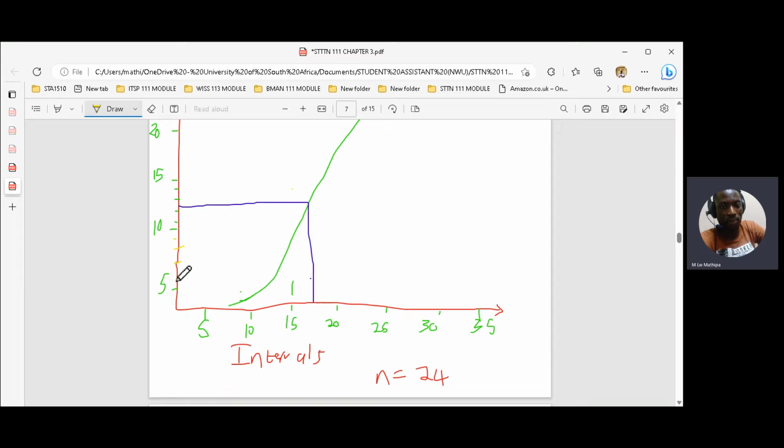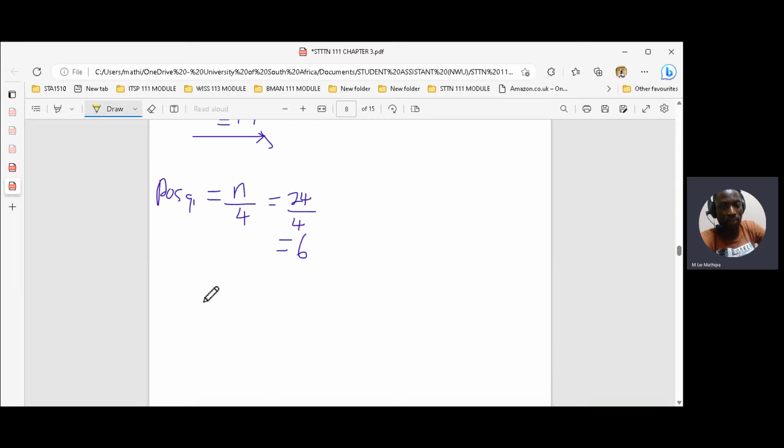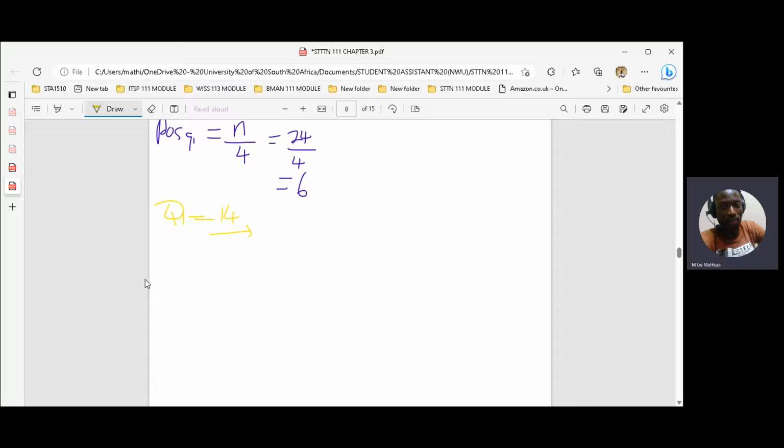So 6 sits somewhere here. You see, I go this side, then it's somewhere here, then I go this side. So I can say the position of Q1, it's 14, yes, 14. Therefore Q1 is equal to 14.